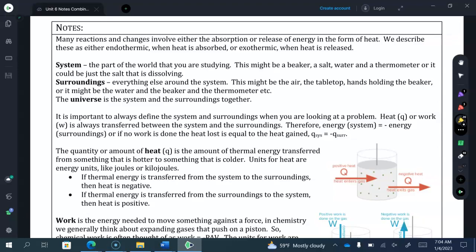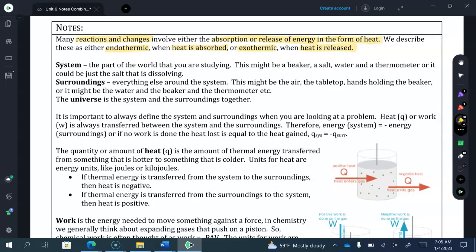So many reactions and changes involve either the absorption or release of energy in the form of heat. We describe these as either endothermic, where heat is absorbed, or exothermic, when heat is released.